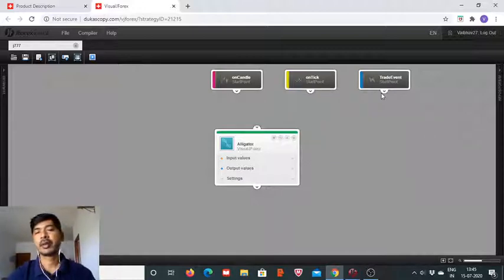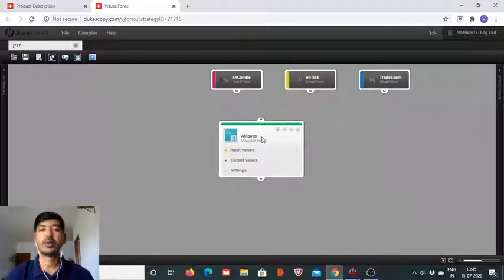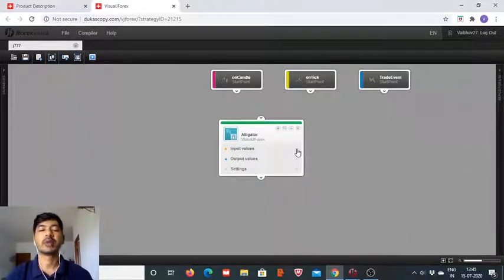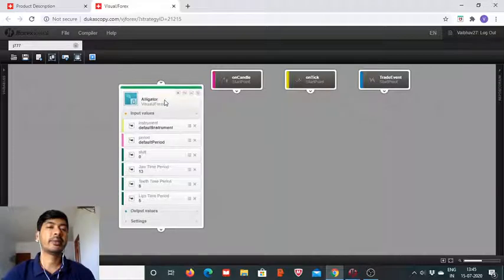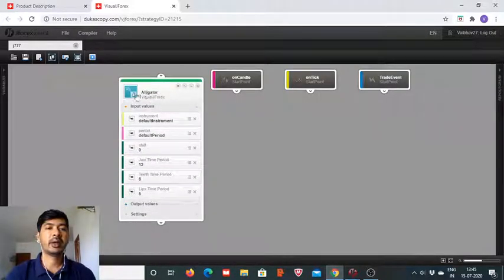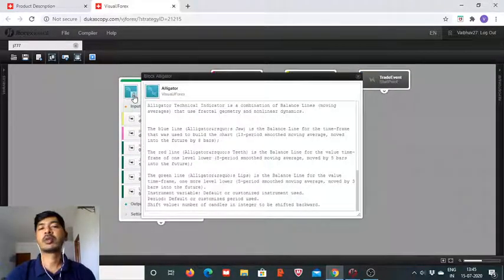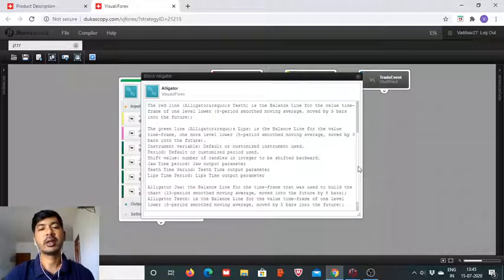Now we are not going to go into the details of building a fresh algorithm. For the time being, in this series, we are just concerned with the basic introductions of all these indicators. So we limit our activity to that, and here you will have the brief description for the alligator, and this description we have already considered.